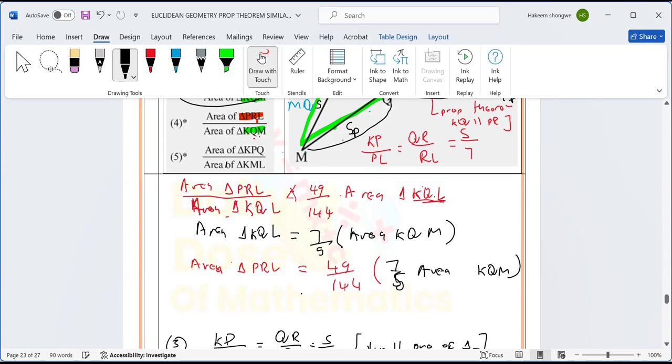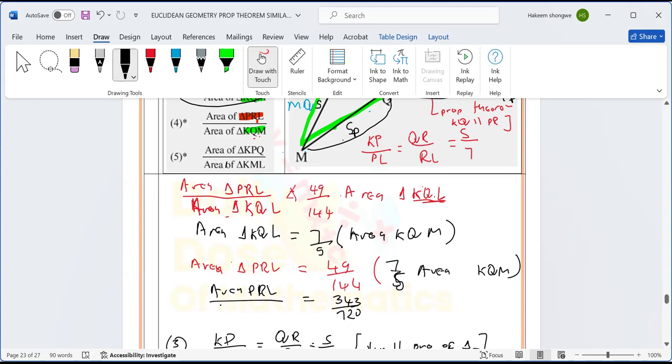If you simplify this, you get 343 over 720. You can't simplify it further. Then this is going to be the area of PRL.